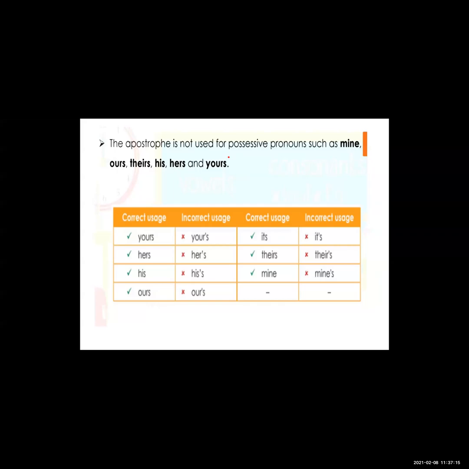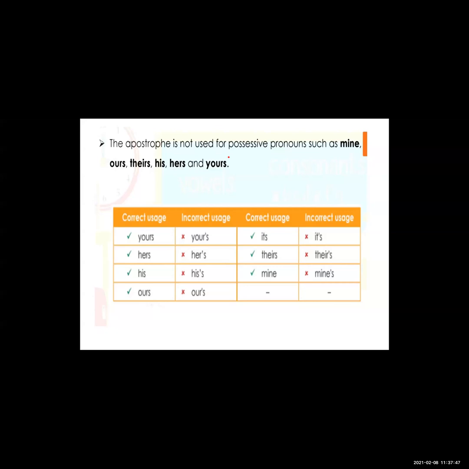Now see the possessive pronouns. If you have to show possession, these are the possessive pronouns. Here you are not going to write an apostrophe because they already show the possession. So it is not necessary to add the apostrophe for a possessive pronoun.